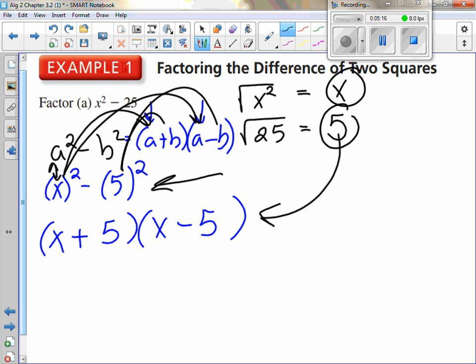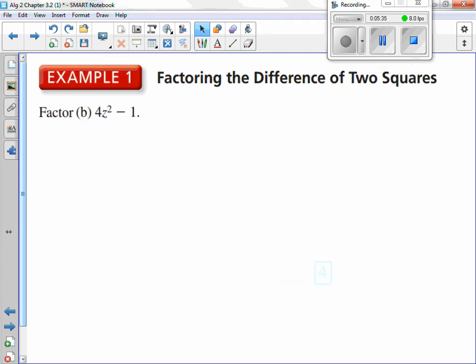Especially once you get used to the difference of perfect squares and seeing where they connect, this is a little bit faster than the factoring we did last week, because if we can see it's a difference of perfect squares, it works a little bit faster.